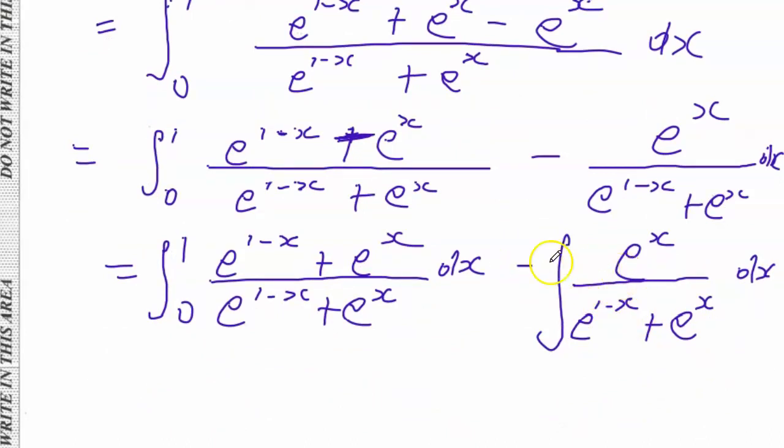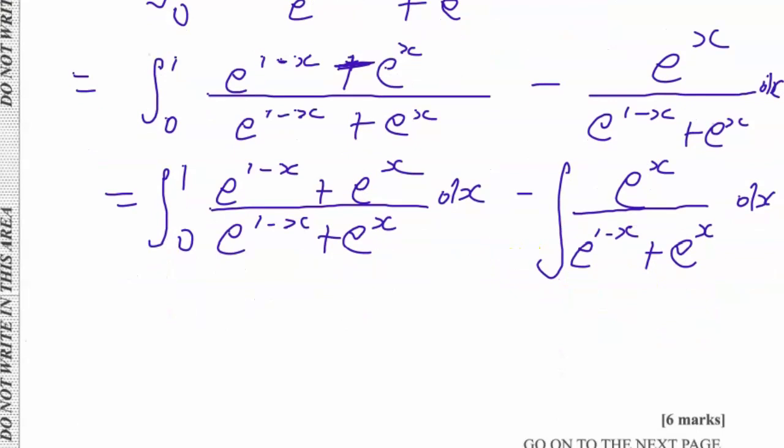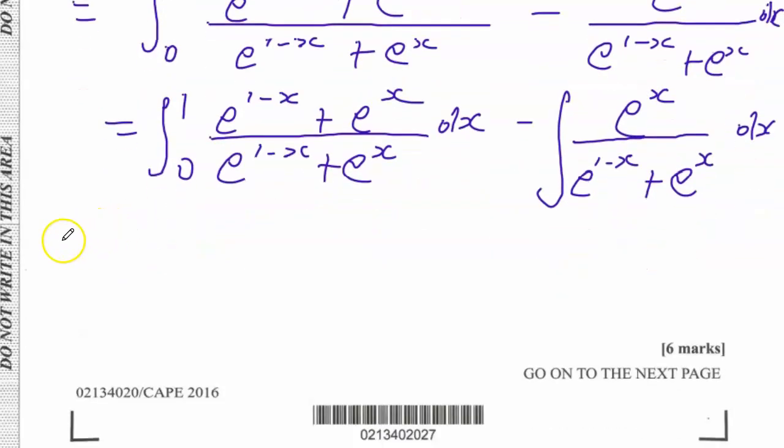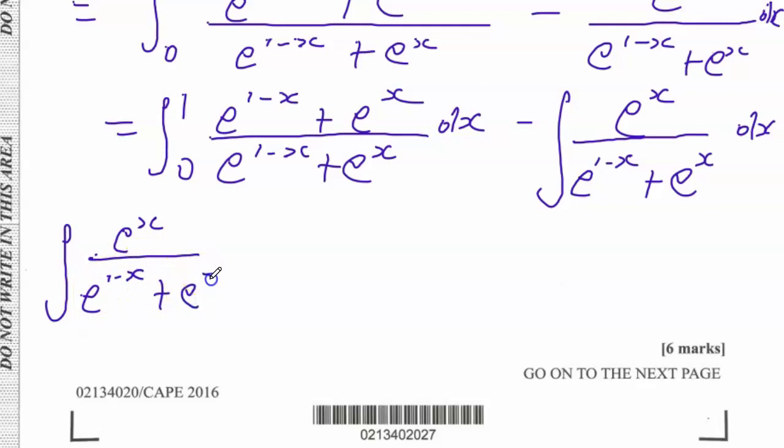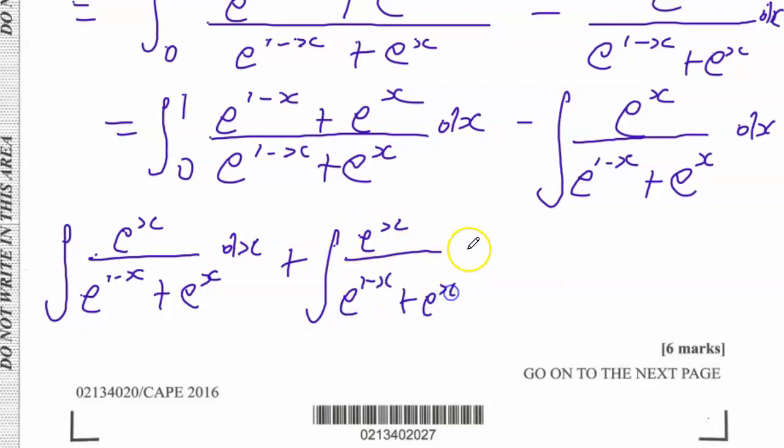So we can group these, since these are like terms, on the left hand side. So on the left hand side, we actually have the integral of e to the x over e to the 1 minus x plus e to the x dx. I will bring this over, so it's plus the same thing, the integral of e to the x over e to the 1 minus x plus e to the x.